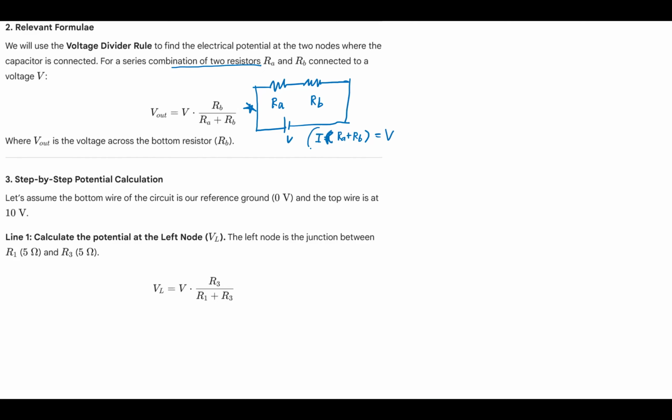And then we find that I is given by V over RA plus RB. And then the specific voltage difference is given by I times R, I'm sorry, this is RB.